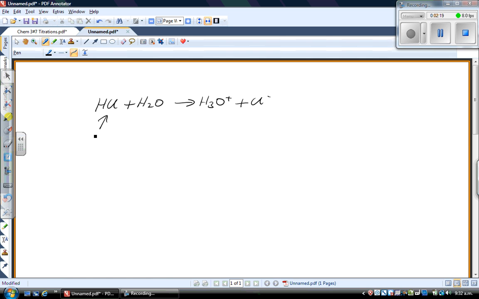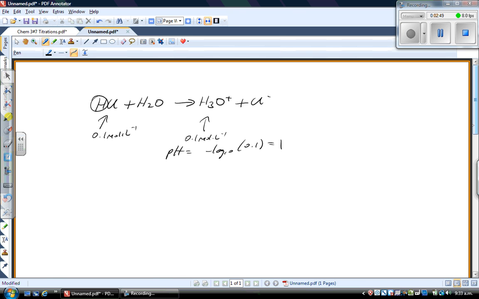The starting concentration of the strong acid is 0.1 mole per liter. Because it's a monoprotic acid, one proton per molecule, you're going to get the same concentration of protons. So you get 0.1 moles per liter of hydronium ions, and so the pH is simply found as minus log to the base 10 of that, which works out to be a very low pH of 1. So your starting pH for this system is 1.